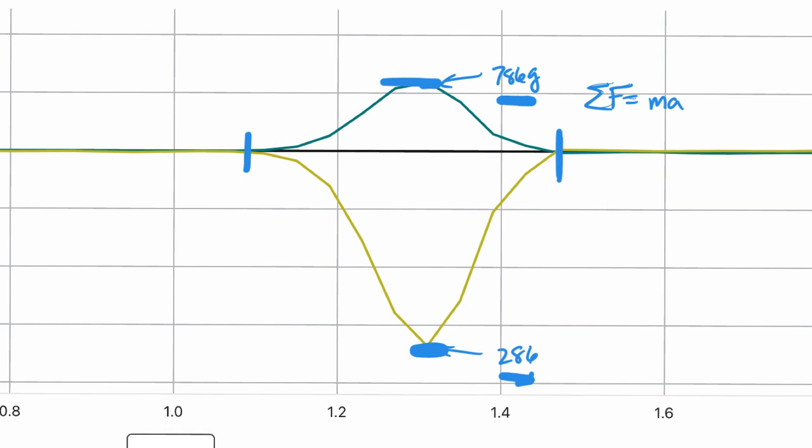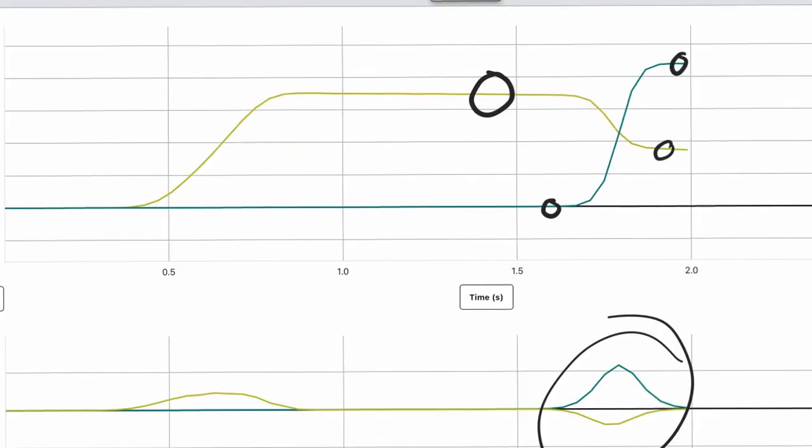So let's bring this one over. Although we're seeing the changes that we expect, the yellow car having a smaller change in velocity because it was 3 times heavier, and the green car having a huge change in velocity because it was a third the mass.